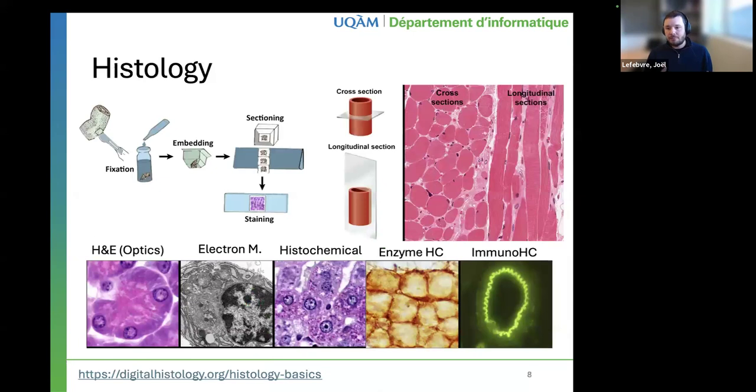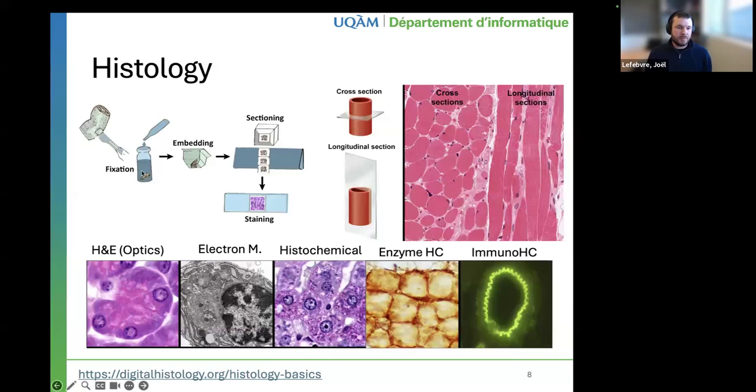So with targeted imaging, we have various techniques to do imaging and to label the tissue. The one that is the most frequent is histology. So just to quickly summarize how histology works, we have a sample, we take a small part of the sample, a biopsy, or there are different ways of taking this. Then we have to fix the sample to prevent it from deteriorating during imaging.